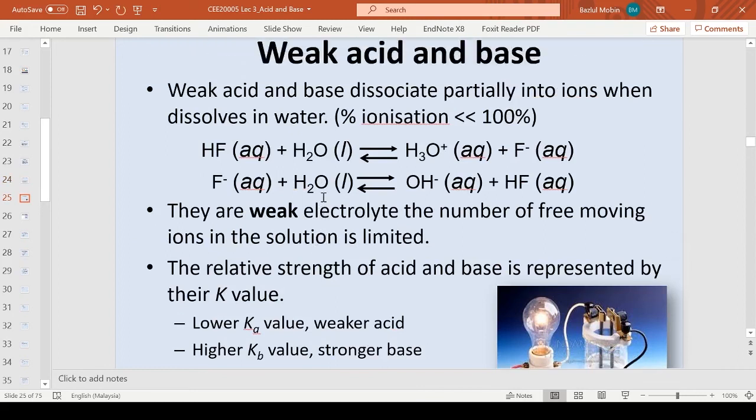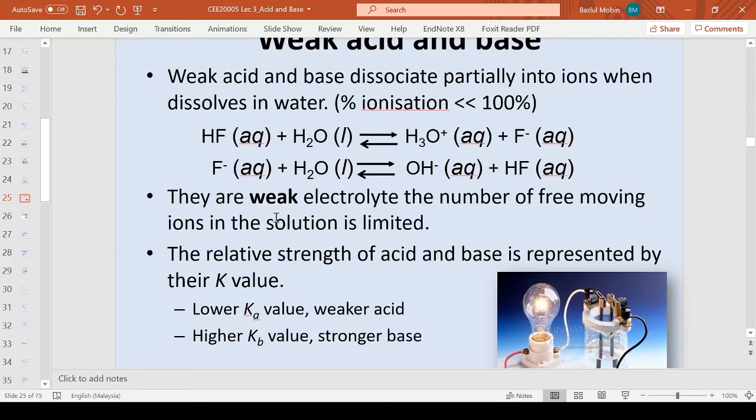So weak acids and weak bases do not dissociate fully, they partially dissociate. Only a small fraction of the acid dissociates to produce hydrogen ion, or a small amount of the base dissociates to produce hydroxyl ion. So they are weak electrolytes, because there are not enough ions, so they do not conduct electricity strongly.